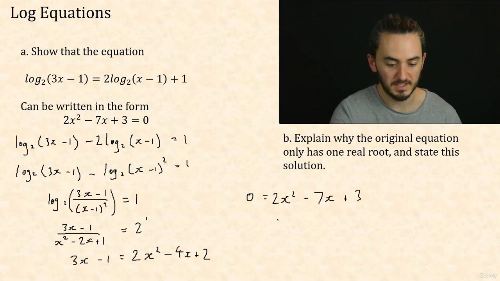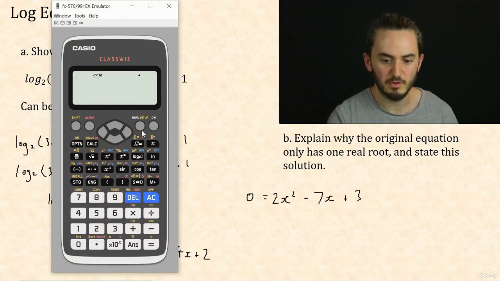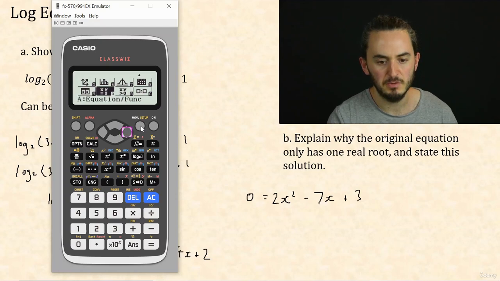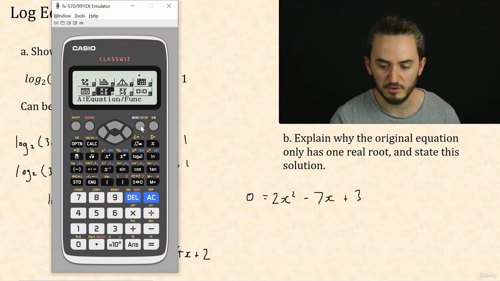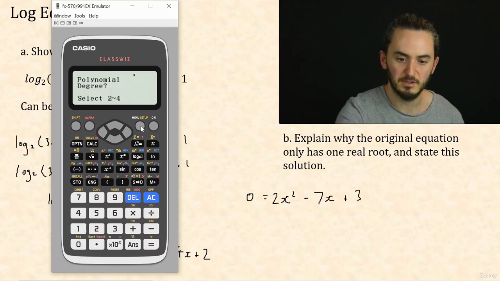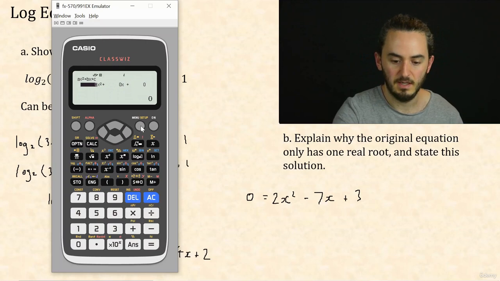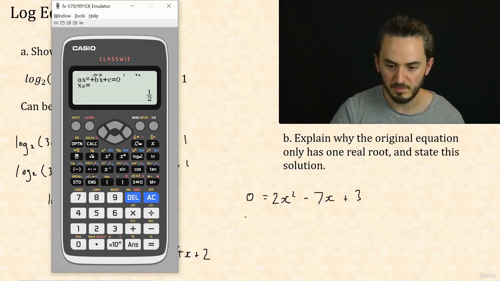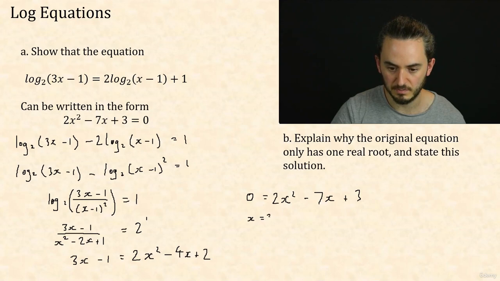So a reminder with your calculator, you go to Menu, down to your equation and function solver. It's a polynomial, degree 2 because it's quadratic, and we've got 2x squared minus 7x plus 3. Solutions are 3 and a half. So my solutions here are x equals 3 and x equals a half.